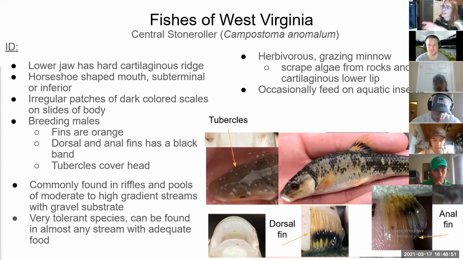I'm talking palm-length stonerollers, which is pretty cool to see such a small minnow get that large. Obviously, it's not a great community, right? We don't have a lot of diversity, so it's not very healthy. But I think that's a testament to how tolerant this species is, especially because conductivity spikes and pH fluctuates highly in this system.